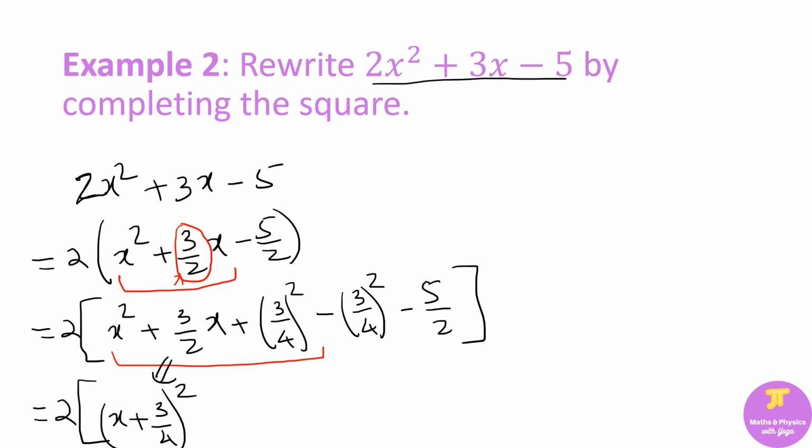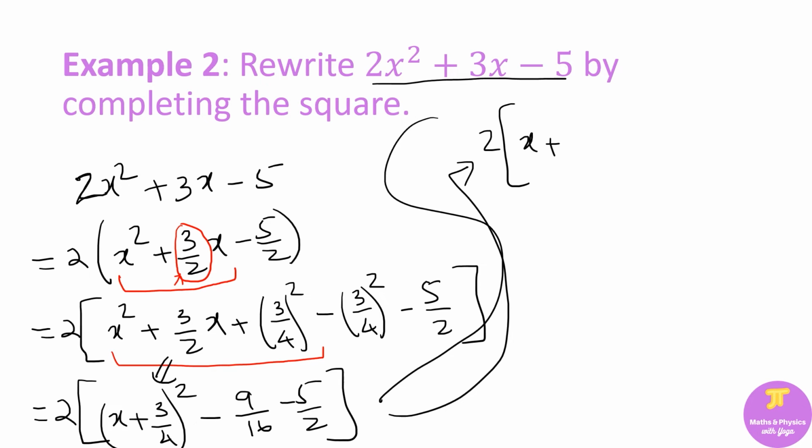And what is left here? Minus, if you take a square, 9 over 16, minus 5 over 2. And if you take a common denominator as 16, this is going to be minus 9 minus 40.